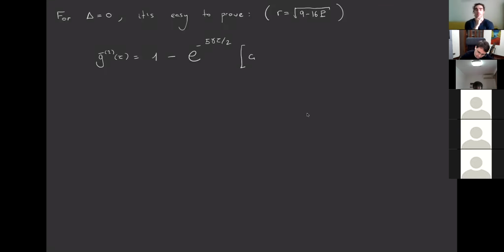And then in here, we have a hyperbolic cosine of R gamma tau divided by 2 minus 5 hyperbolic sine of R gamma tau divided by 2, divided by R. So whatever, some technical expression.